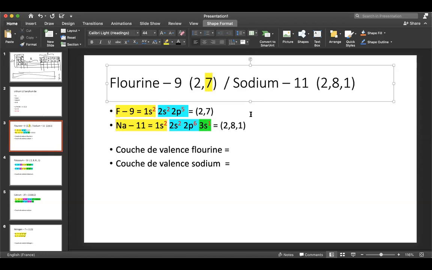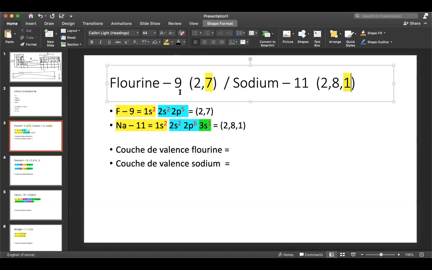That's the last energy level, isn't it? Yes. The same applies to sodium, which will have 1.